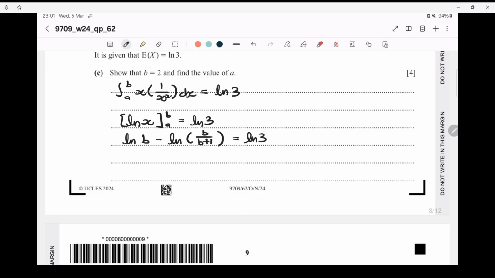It will be ln of B divided by B over B plus 1. So then this is just ln of B plus 1 equals ln 3, or B equals 2.